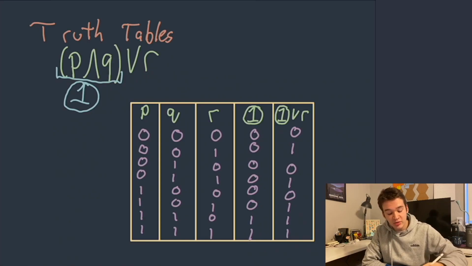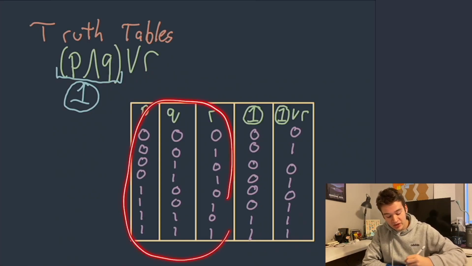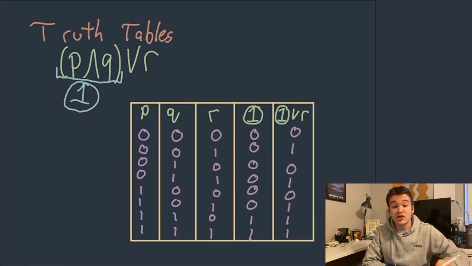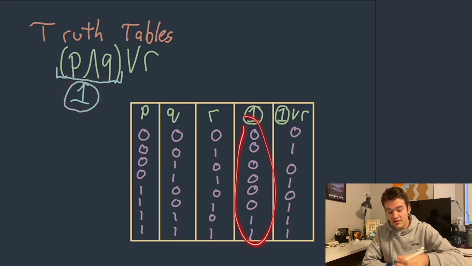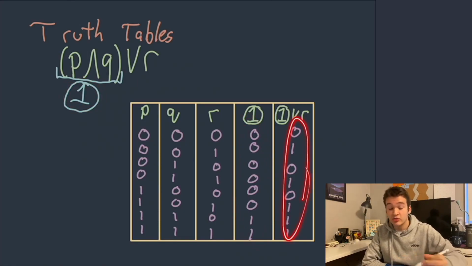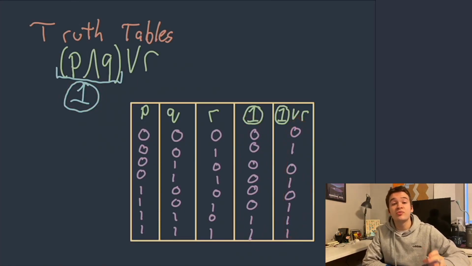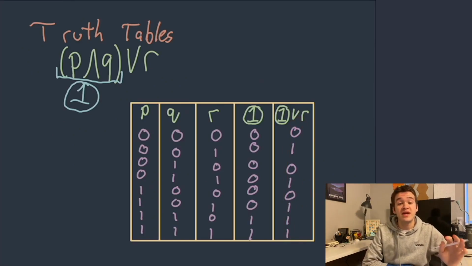In this truth table, you'll see that we have every single possible variation of those p, q, and r values, which I did by counting up in binary essentially. Then we have the values of this first part of the expression, which I labeled with 1, and then the values of the entire expression. This is going to be an extremely useful tool for visualizing what different logical operations mean, and also for solving things that we'll go over at the end of this video.